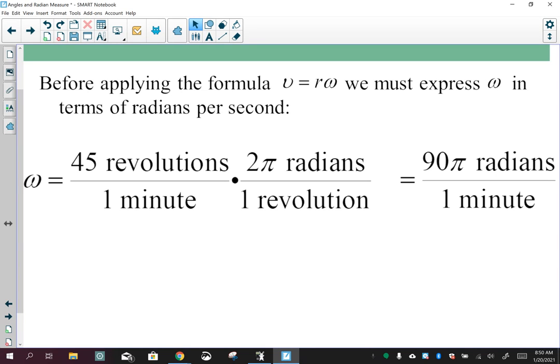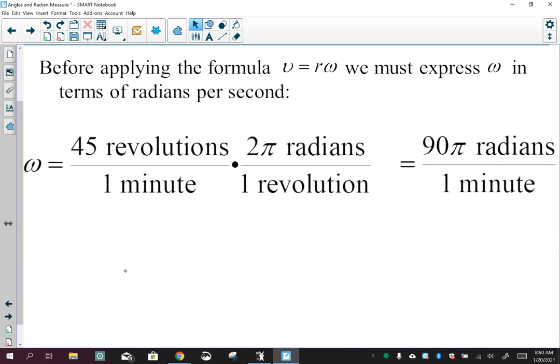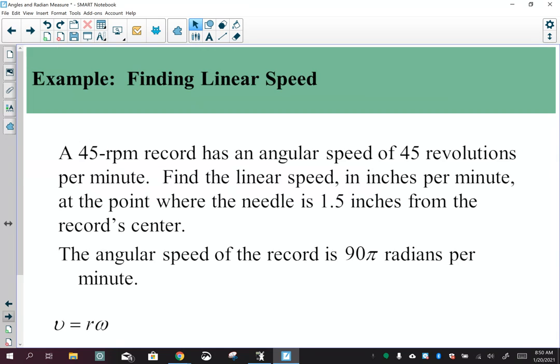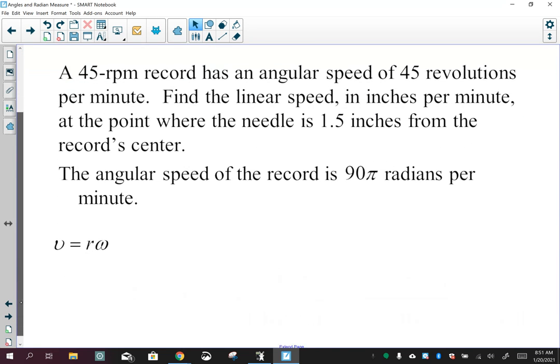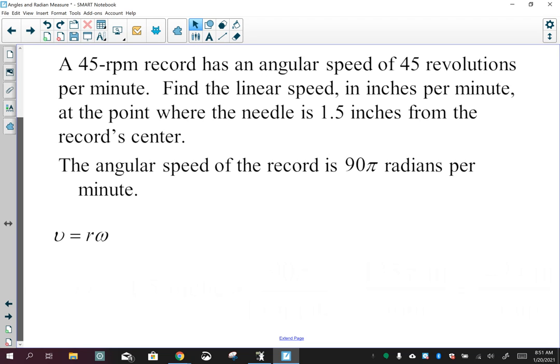So the angular speed of the record is 90 pi radians per minute.